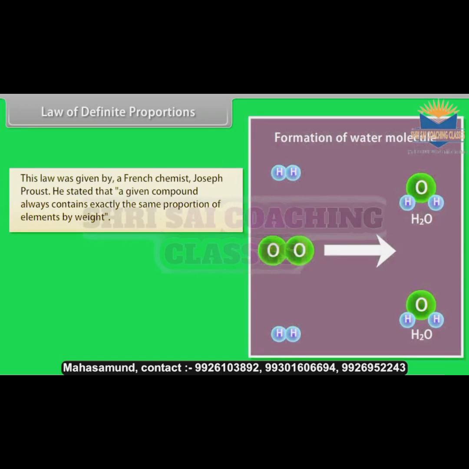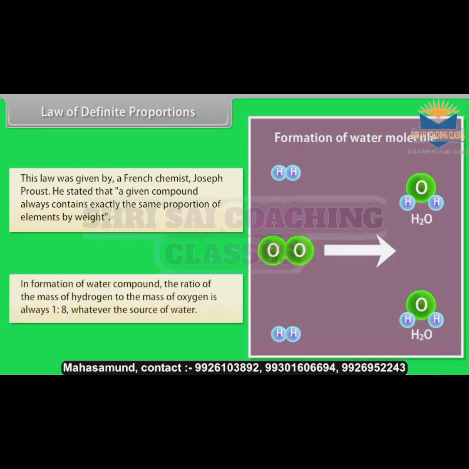This law was given by a French chemist, Joseph Proust. He stated that a given compound always contains exactly the same proportion of elements by weight. In the formation of water, the ratio of the mass of hydrogen to the mass of oxygen is always 1:8, whatever the source of water.